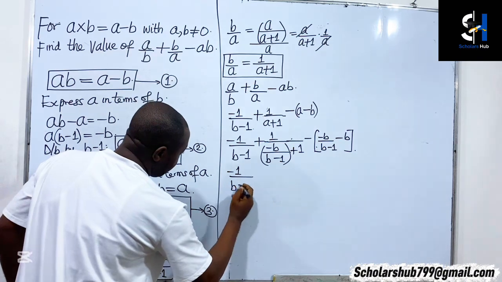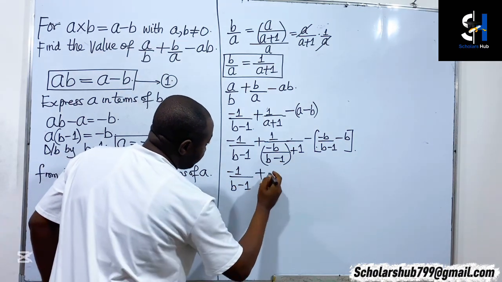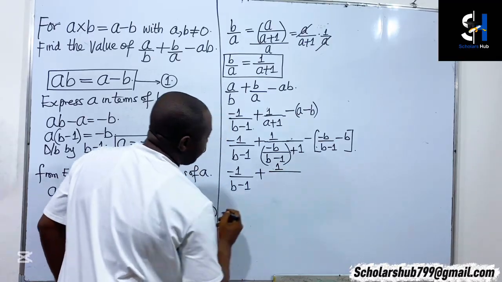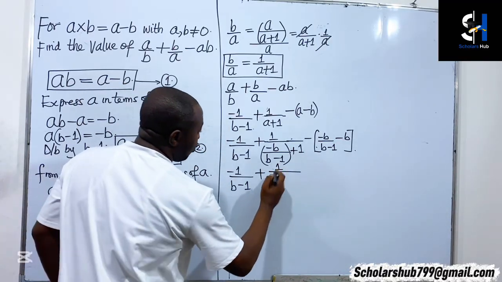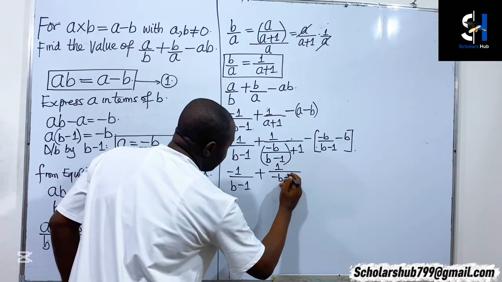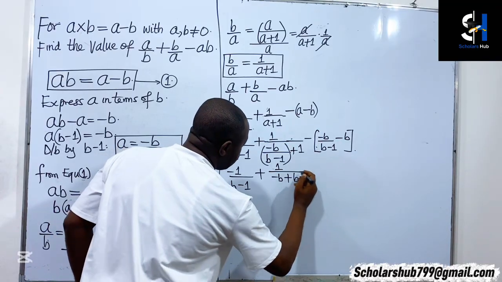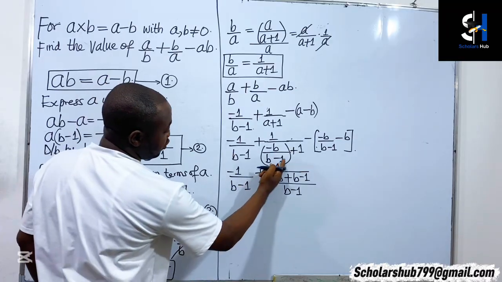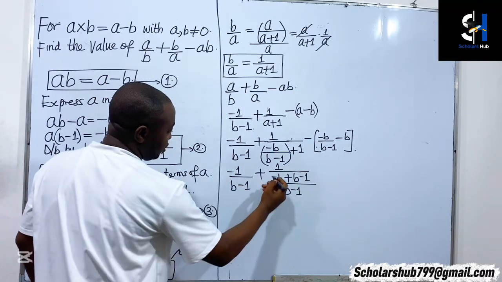This will be 1 over negative b plus b minus 1 divided by b minus 1. That is b minus 1 times 1, that will be b minus 1.